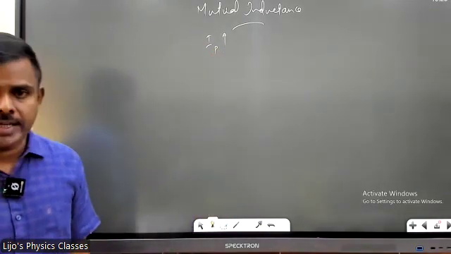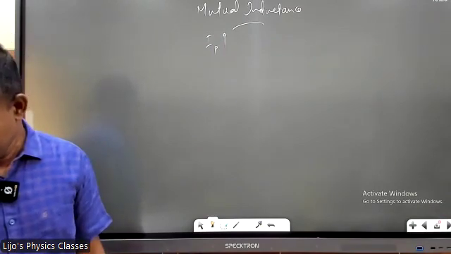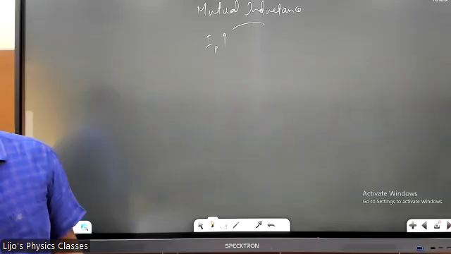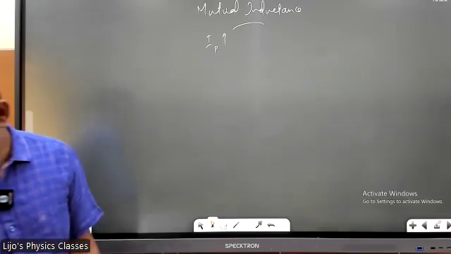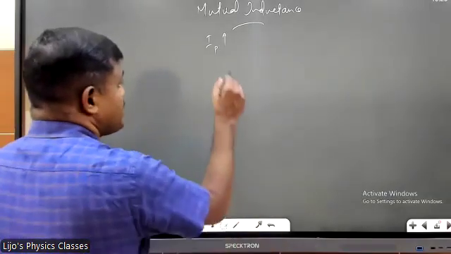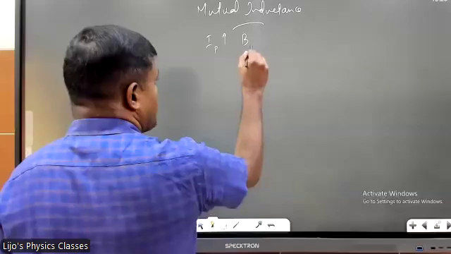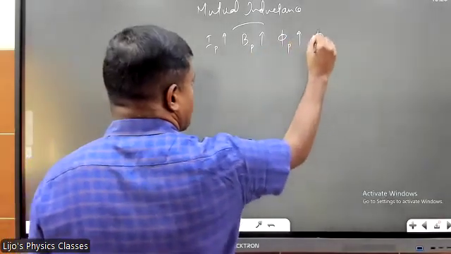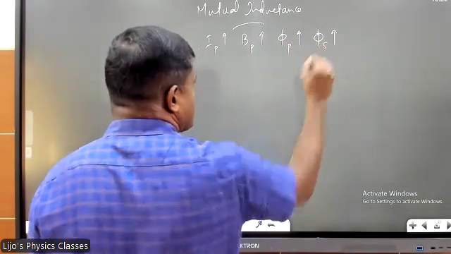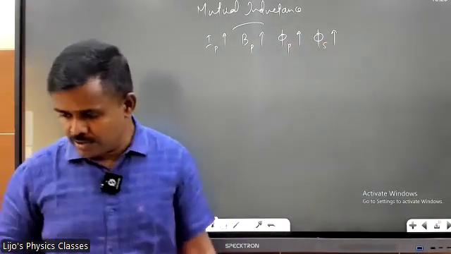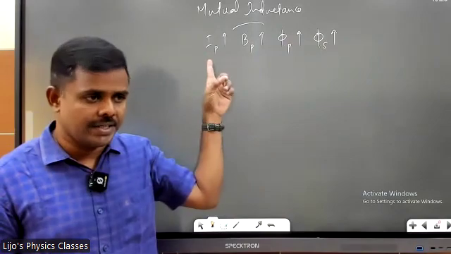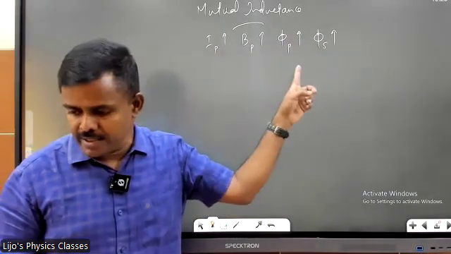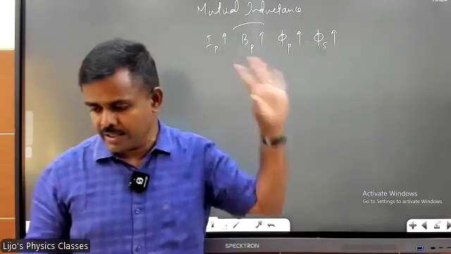So I_P increases, B_P increases, phi_P increases, phi_S increases. This is: primary current increases, primary field increases, primary flux increases, secondary flux increases.